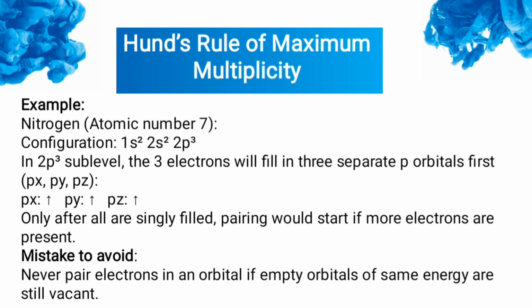Only after all are singly filled, pairing would start if more electrons are present. Mistake to avoid: never pair electrons in an orbital if empty orbitals of the same energy are still vacant.